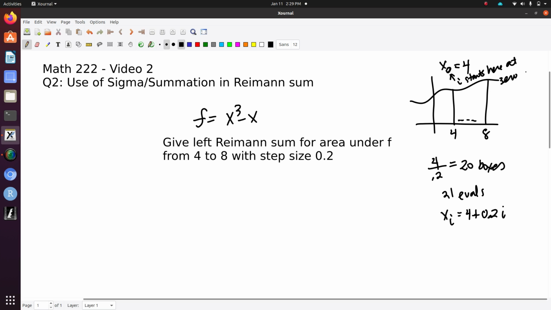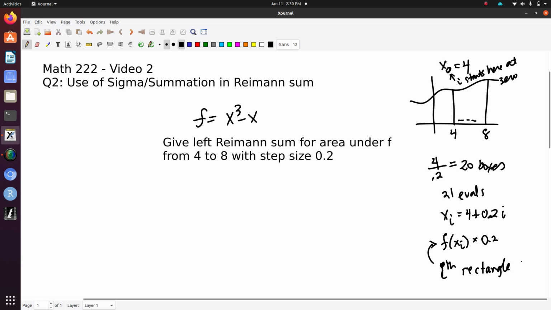It's not forced on you, but it is wise for you to start your indexing at 0. Okay? And that will help. And then we're going to want to evaluate f at x i. We're going to want to multiply by 0.2, and this is the ith rectangle, or the ith box.